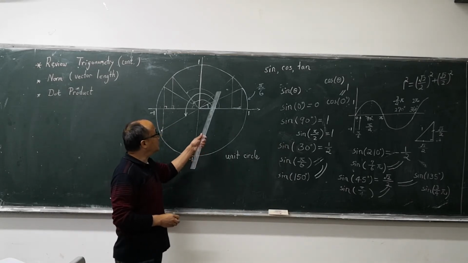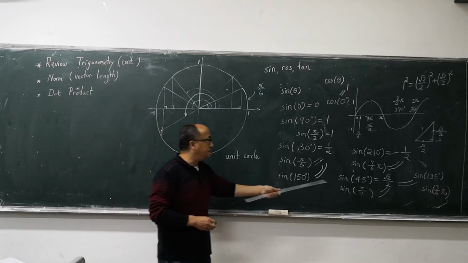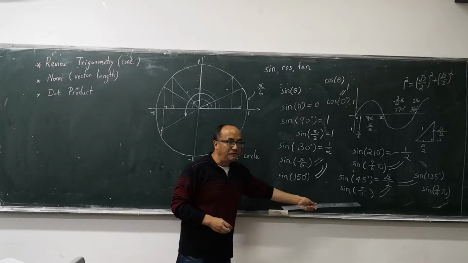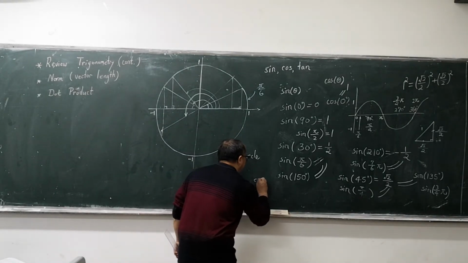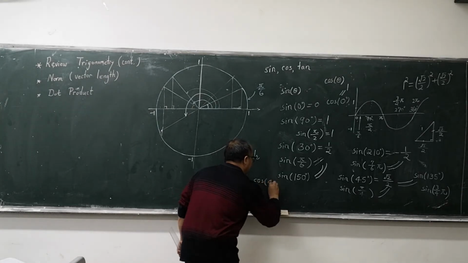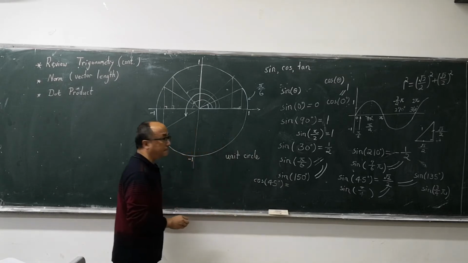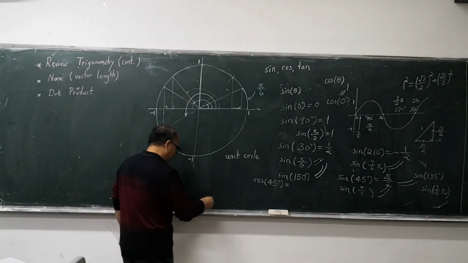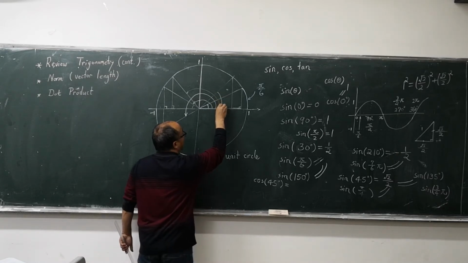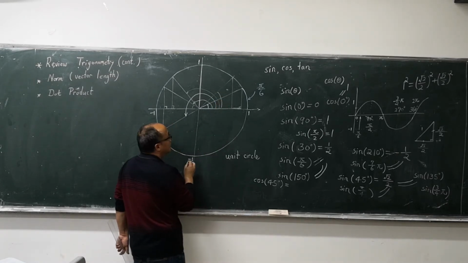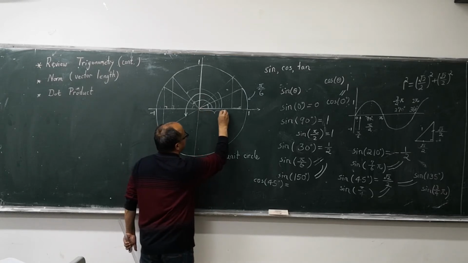Now, for cosine 45 degrees, which is pi over 4, what's that? Cosine 45 degrees, 1 over root 2. I'm talking about this angle now. Which part is it? This part.